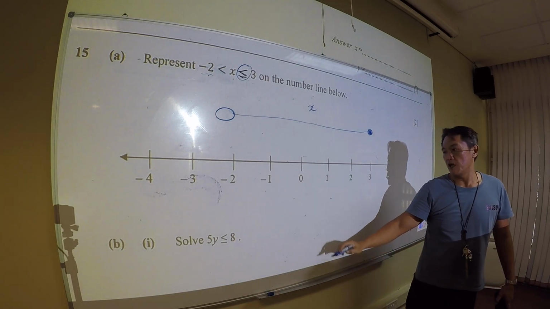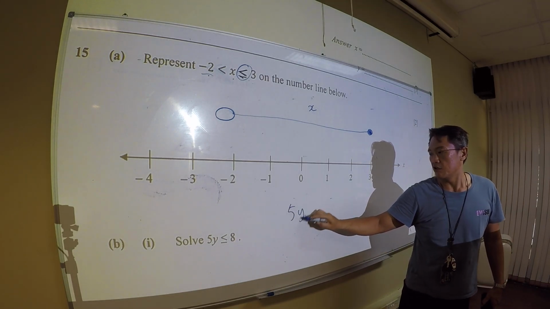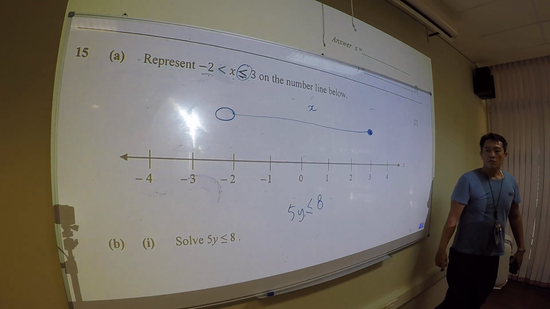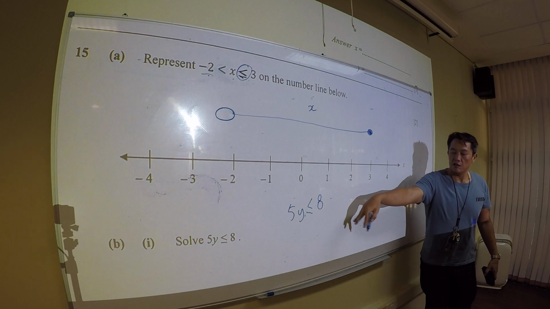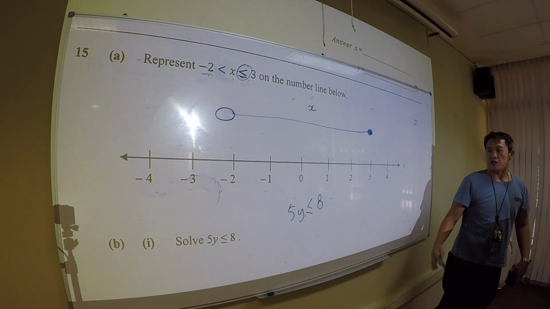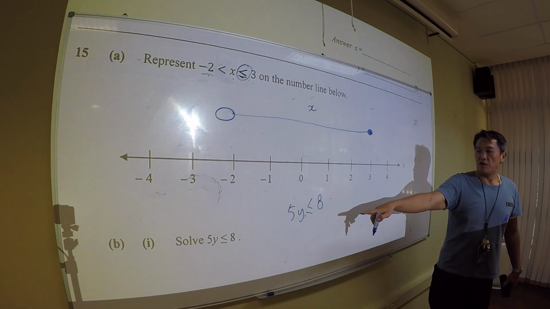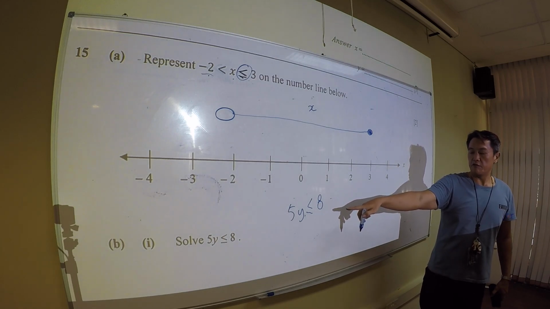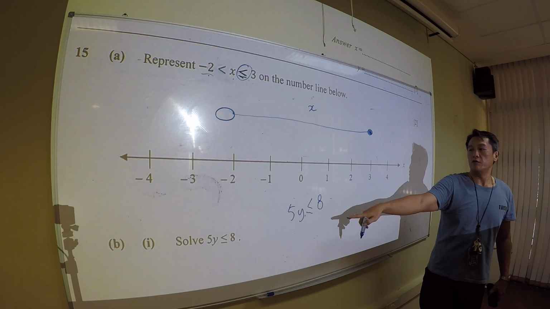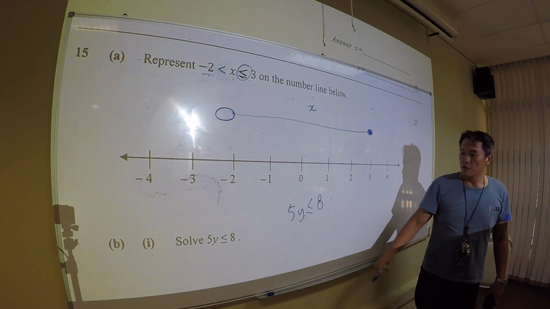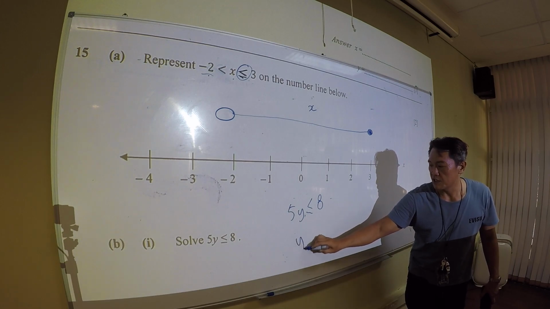Solve 5y smaller or equal to 8. Inequality, we can treat it almost like an equation. They are asking for the possible values of y that will make 5y smaller or equal to 8. Same, we divide both sides by 5.